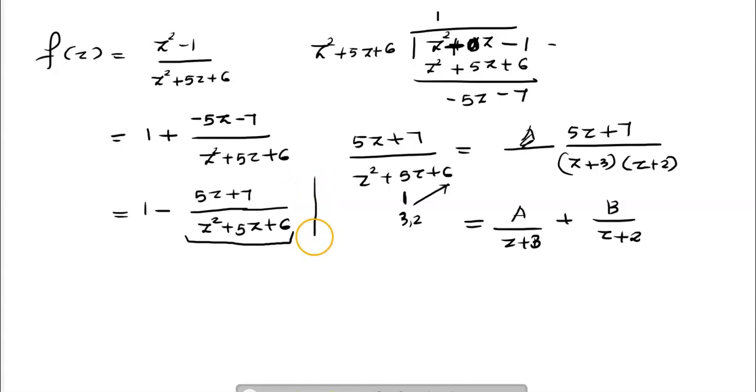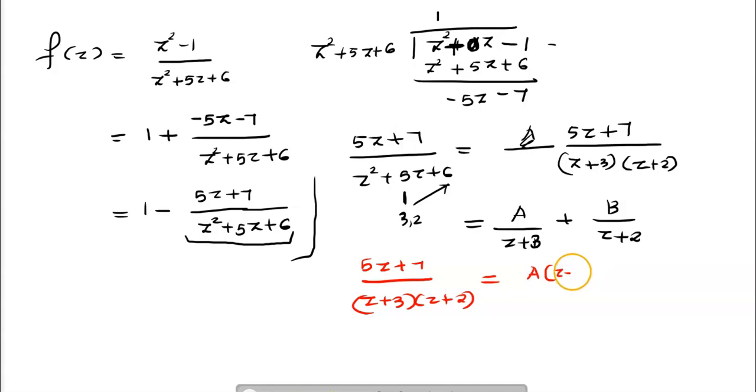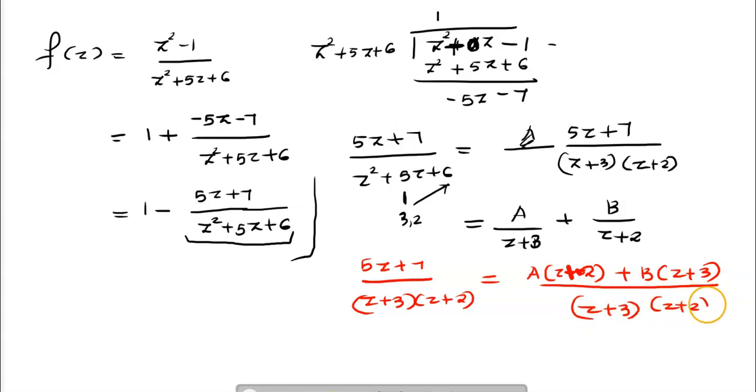Now we can find A and B. (5z + 7)/((z + 3)(z + 2)) equals [A(z + 2) + B(z + 3)]/((z + 3)(z + 2)). The denominators cancel, so 5z + 7 = A(z + 2) + B(z + 3).